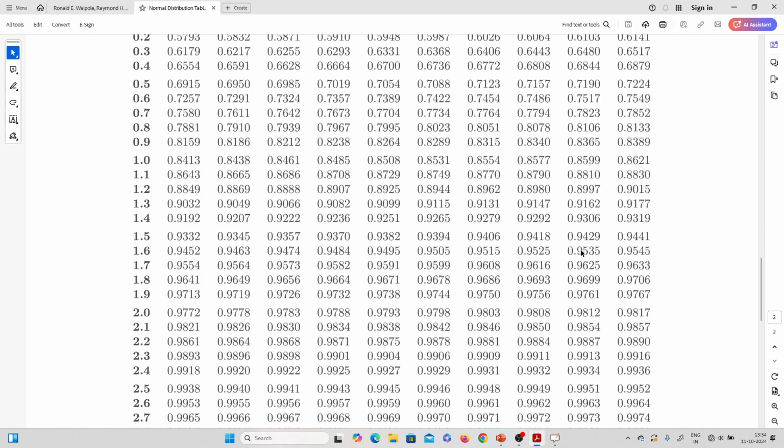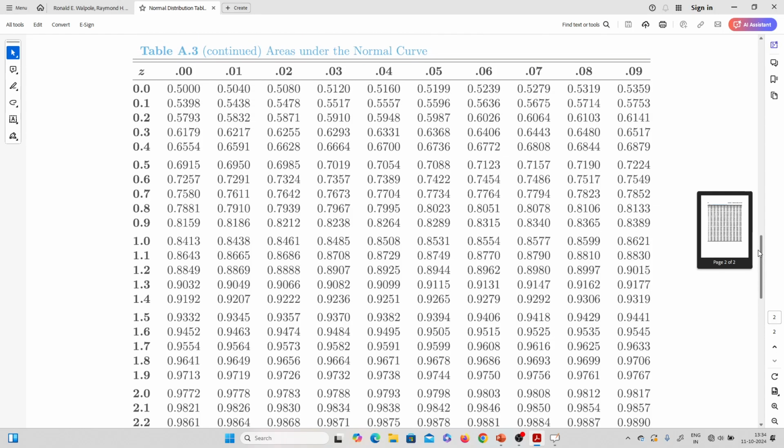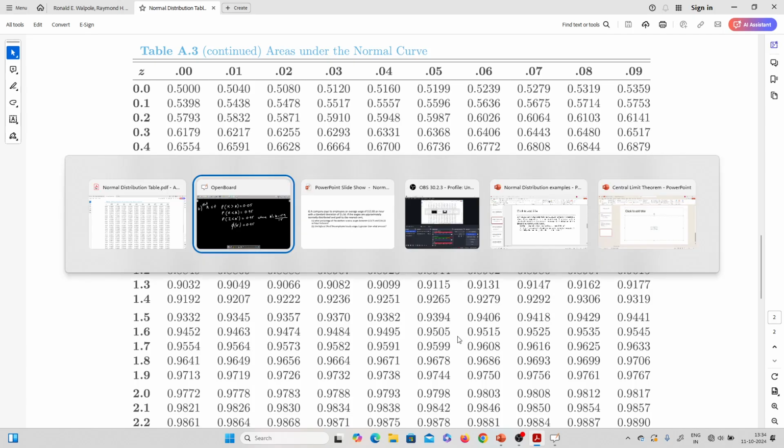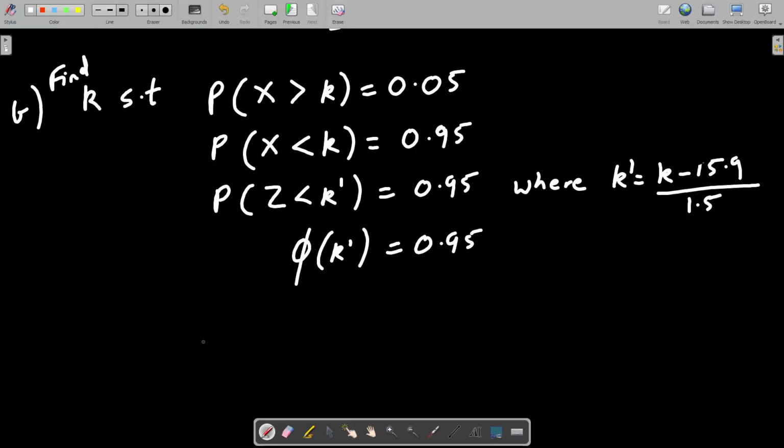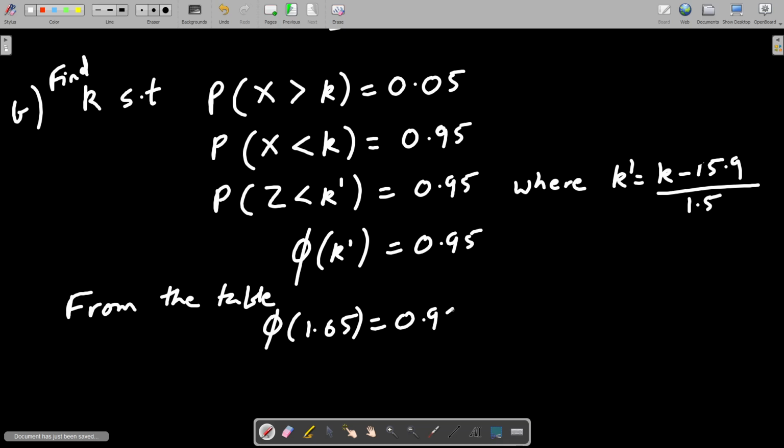So this is row 1.6, and this column gives 1.65. So from the table, phi of 1.65 is equal to 0.9505.